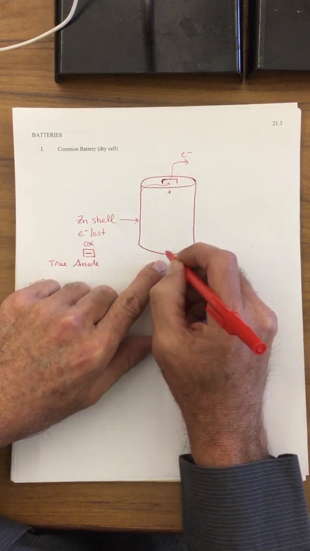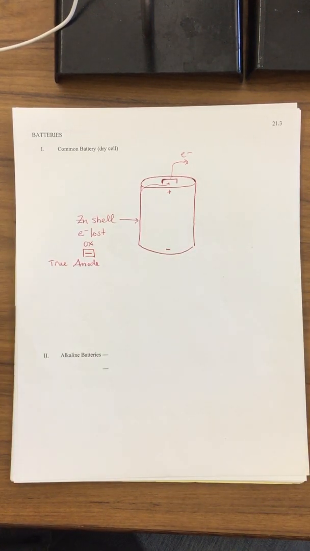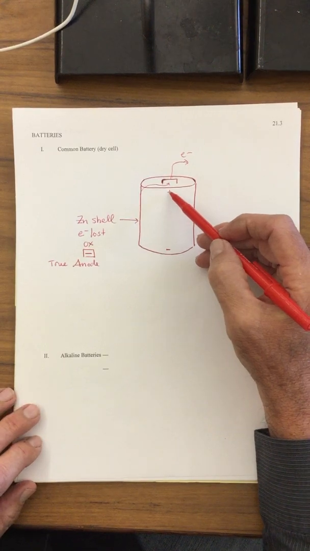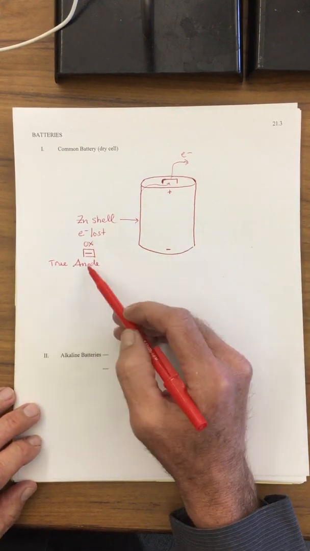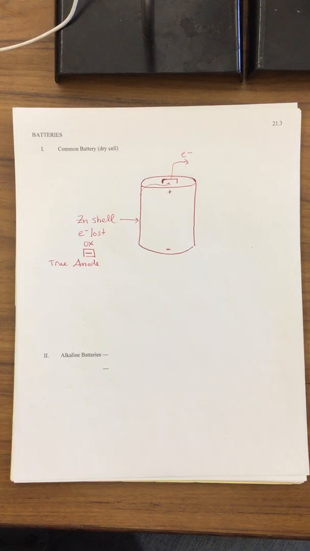The bottom of the battery is labeled the negative, but in reality, it is the positive. I hope this is not confusing you, but I just want to mention the top of the battery is marked positive in case you were looking at it. But it's the true anode, and it's only marked positive because that's what Benjamin Franklin named it. So I have to get that a little bit out of the way.